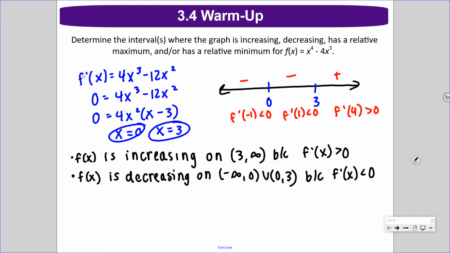Okay, do I have any relative max? No. Minimum, decreasing. I have a minimum here when it changes from negative to positive. It does not ever change from positive to negative. No relative max.